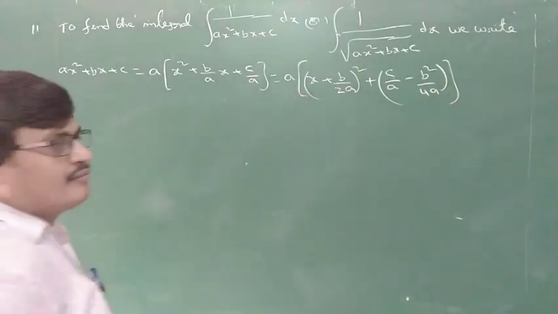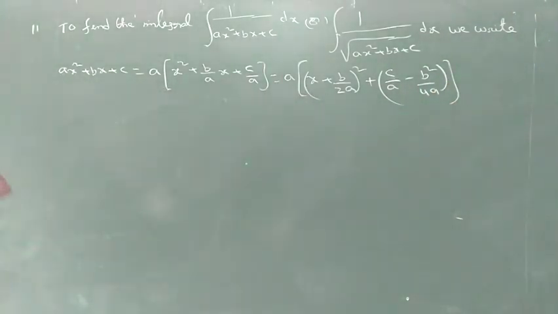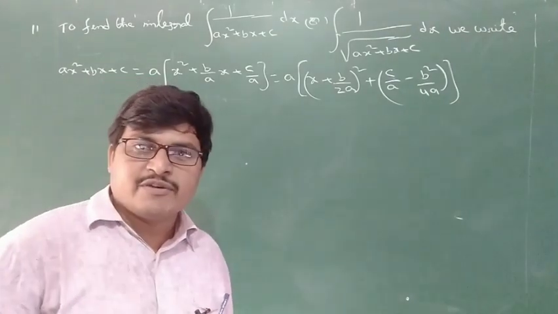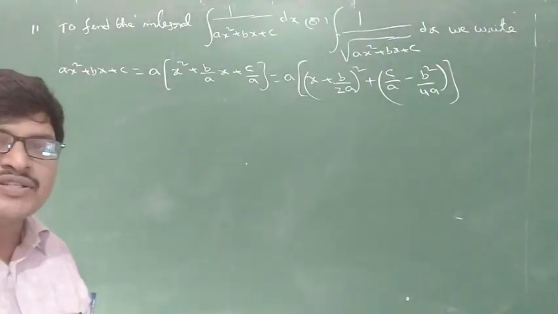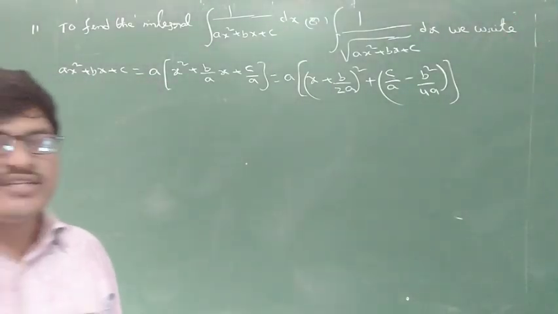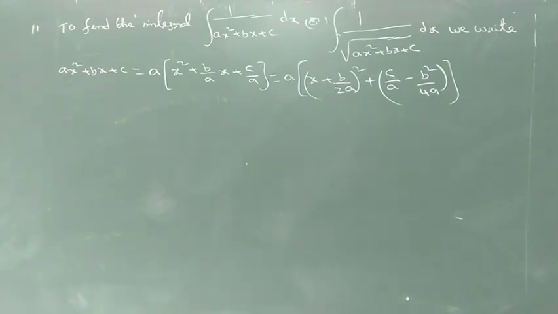This is the conversion. The ax square plus bx plus c, with root or without root, is converted into one of the six formulas. What is the formula? x square minus a square, x square plus a square, this type. Here x plus b by 2a whole square, c by a minus b square by 4a square.